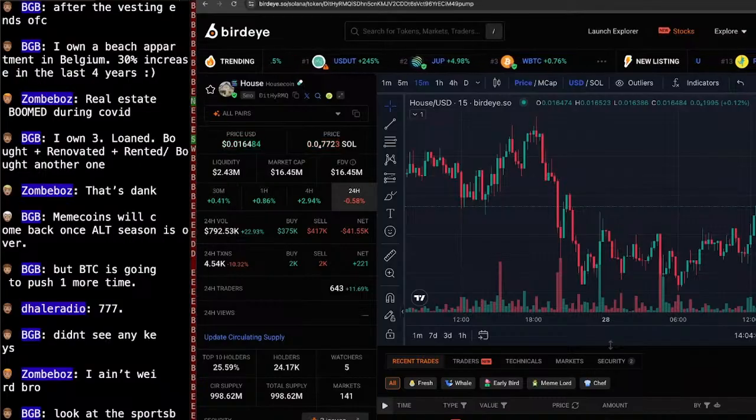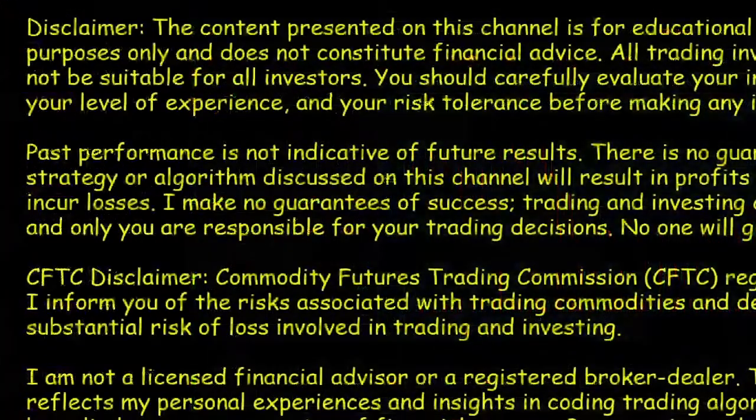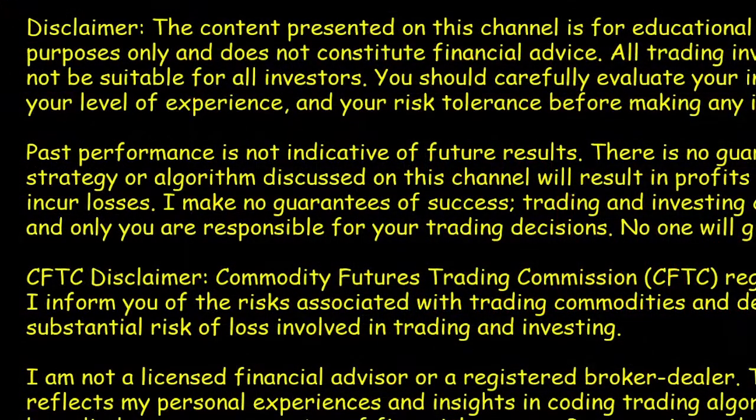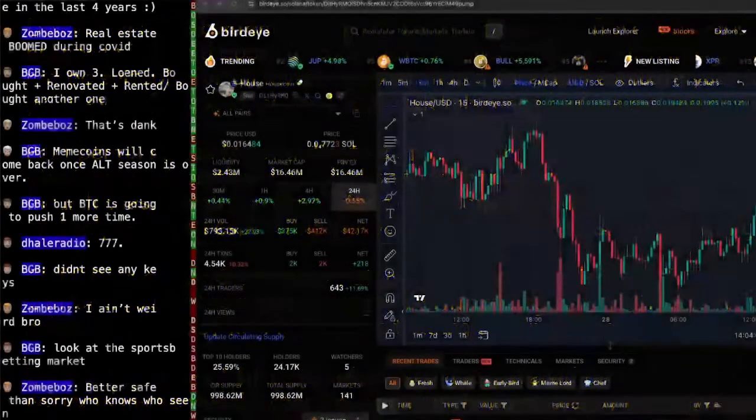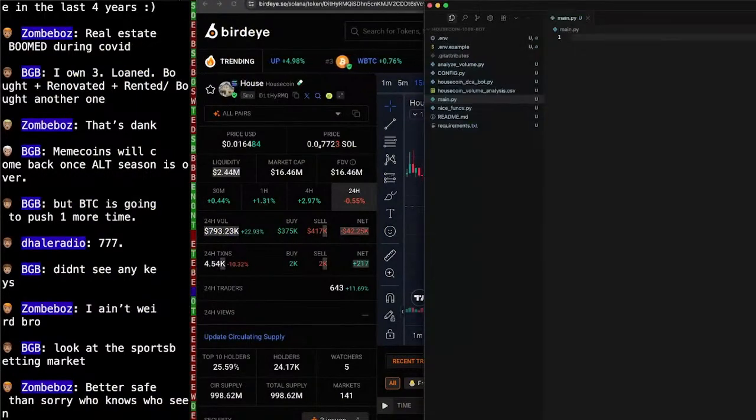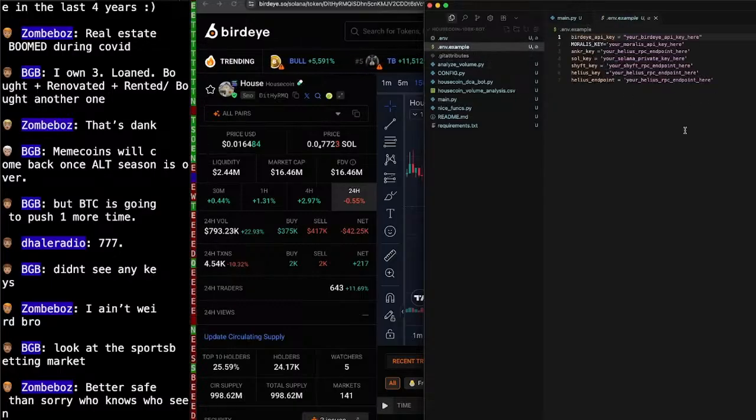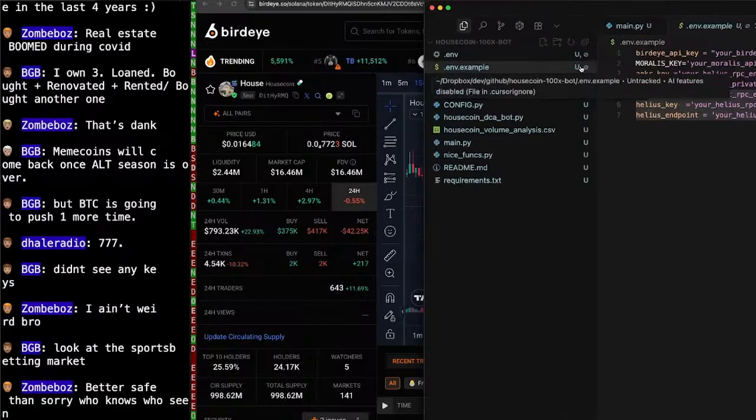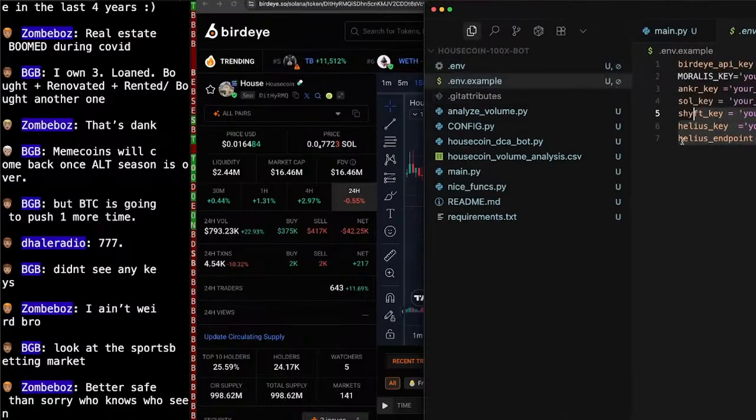But again, this is not financial advice, and I am in a position where I can hold this to zero. So I'm building this 100x bot for it. Okay, sick. Let's see if I can change my .env. You can see the .env example, so you can see what you need here, just so you can see everything, because I do believe code's a great equalizer. I will make sure you get all of this code.